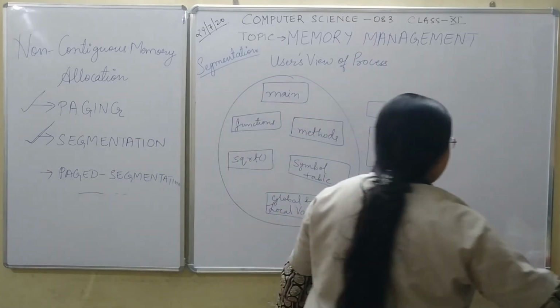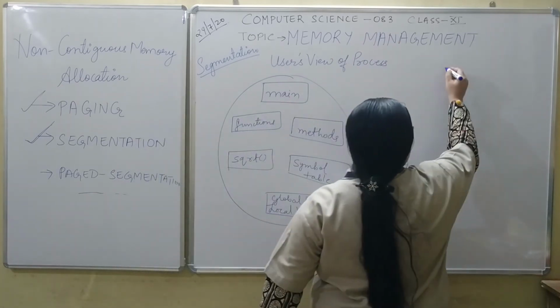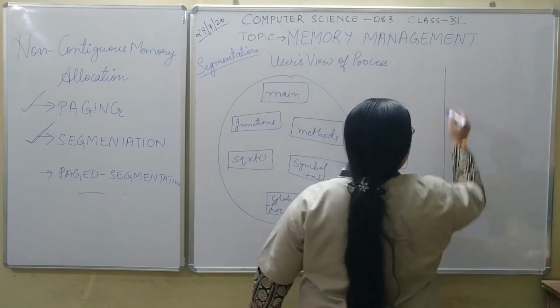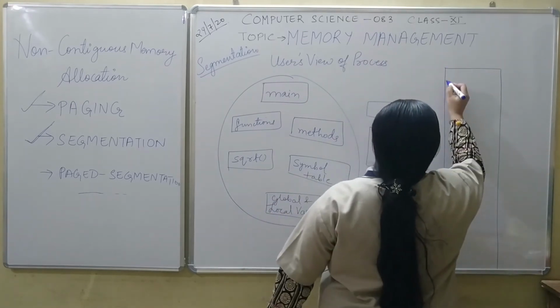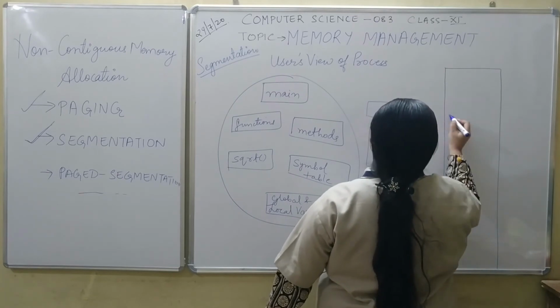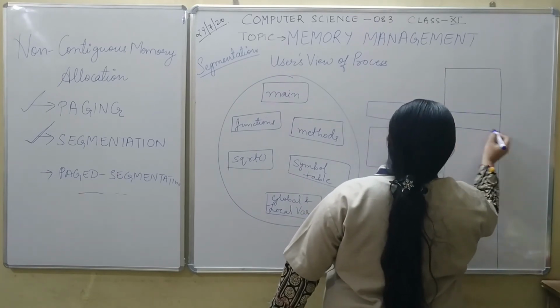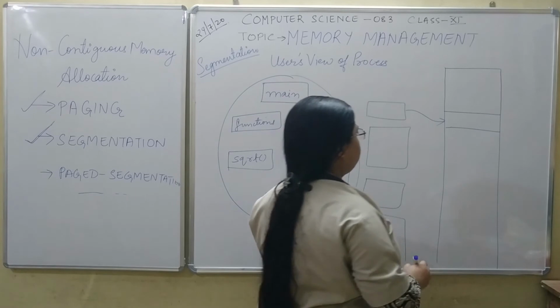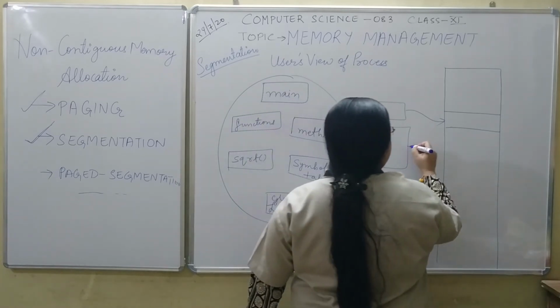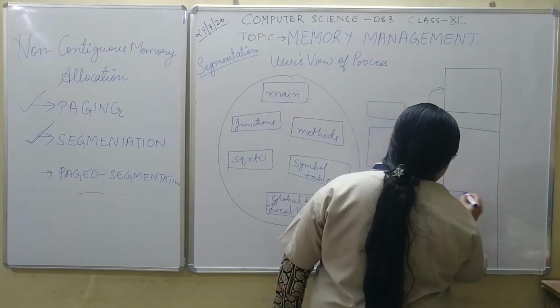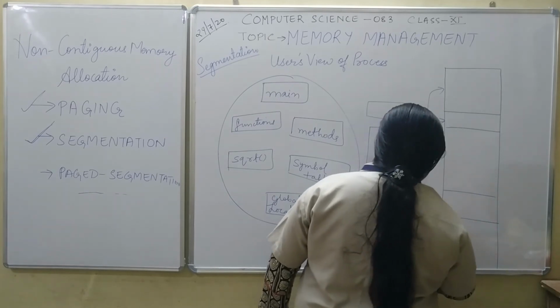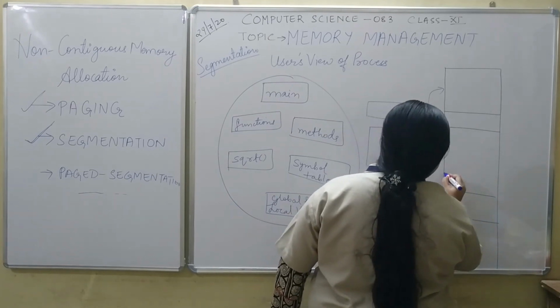And hence what segmentation does is, it stores each of these in variable sized frames. So suppose this segment goes over here, this particular segment is stored here, this segment is stored somewhere over here, and this segment is stored somewhere over here.